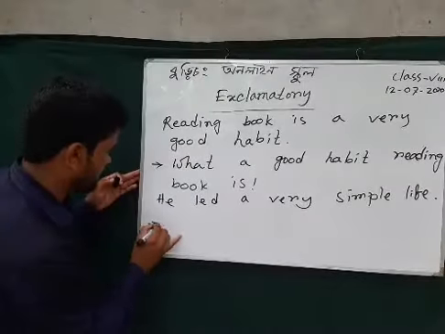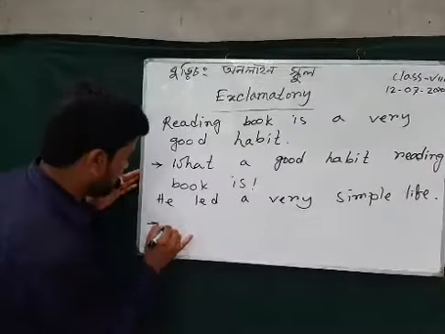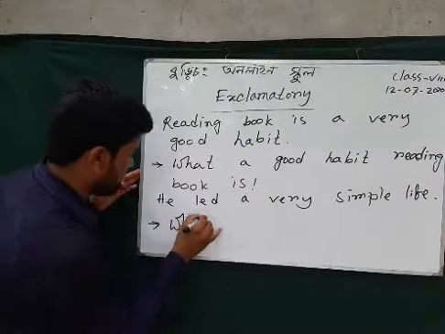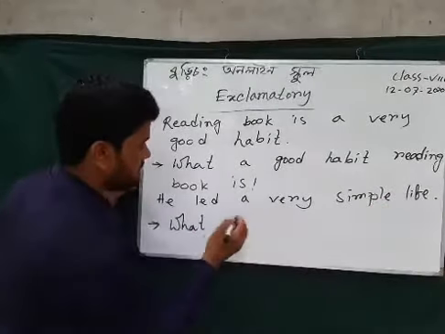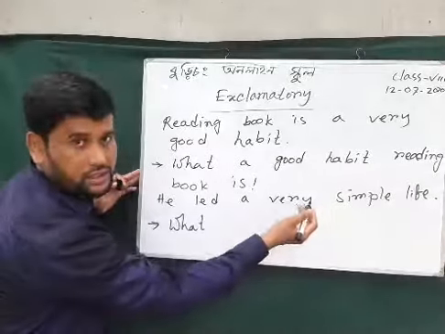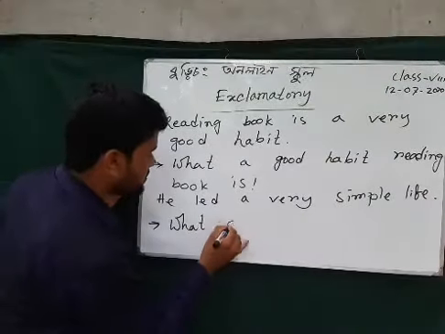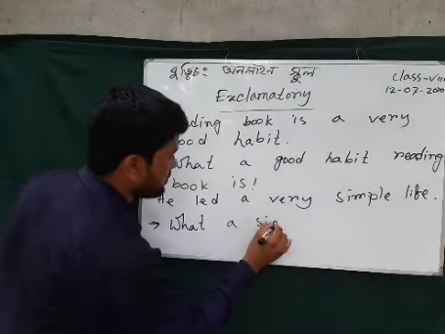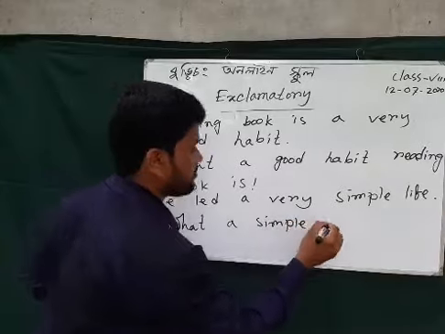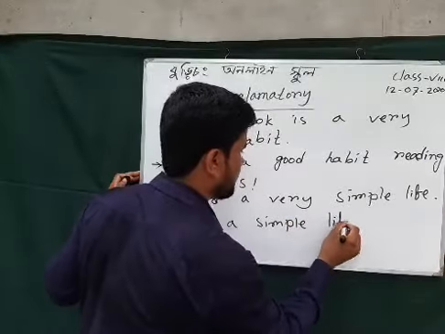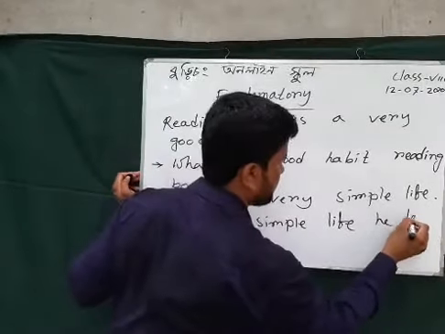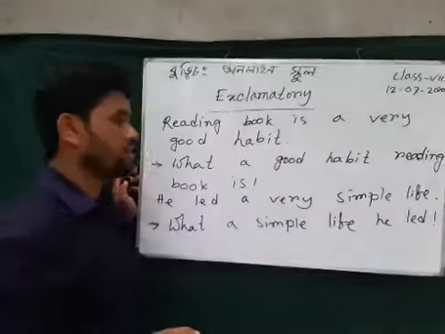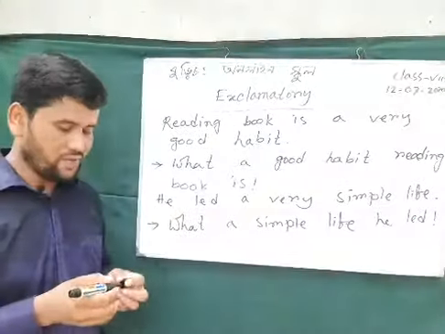So the sentence will start with what, a depends on the adjective. So simple start with consonant sound, so we can use a. Simple life, then subject plus verb, he led. And don't forget to use note of interrogation.